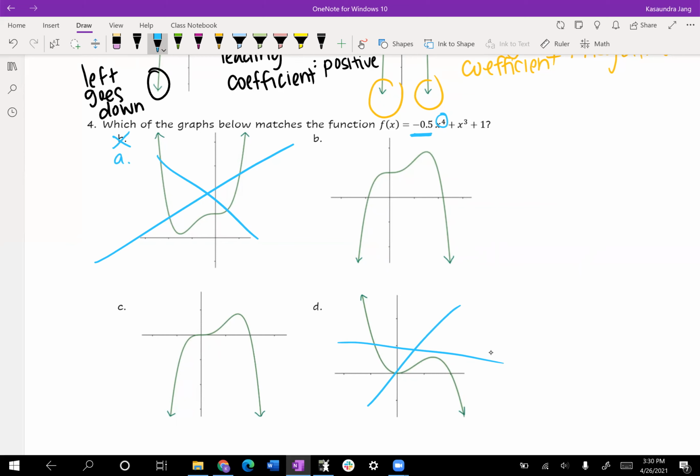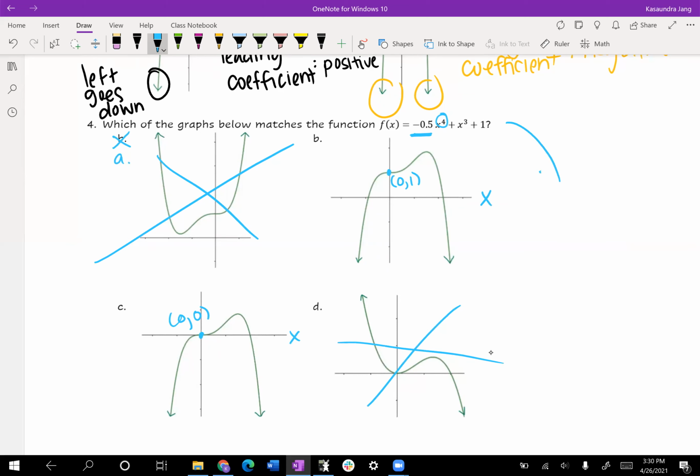So I'm down to B and C, which at this point, I'm going to try to narrow down with a specific number. Personally, I think the easiest number to plug in would probably be 0. So here's my x-axis. If I plug in a 0, this one hits the point 0, 1. And this one looks like it hits the point 0, 0. So let's check this out. Which one should I actually hit?